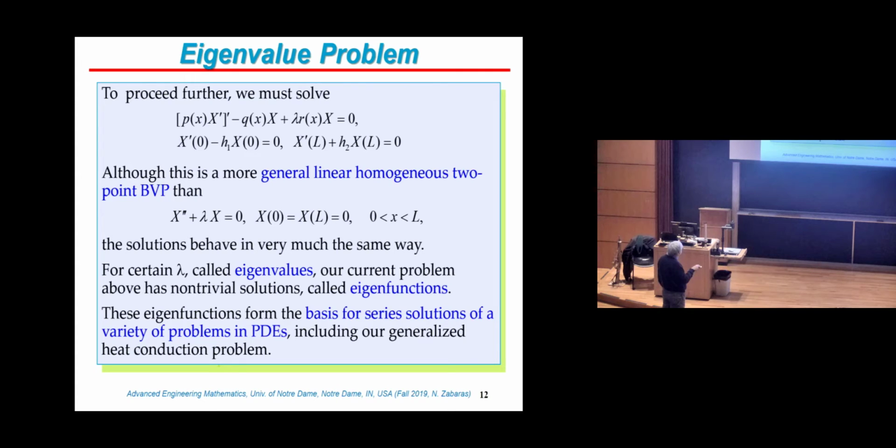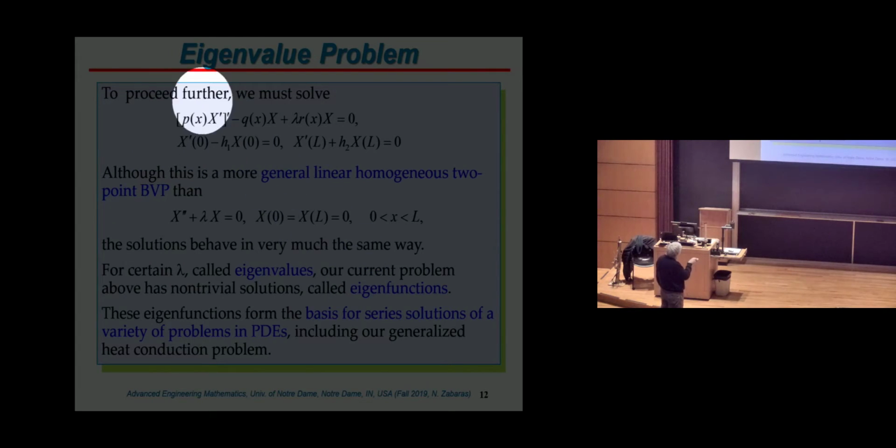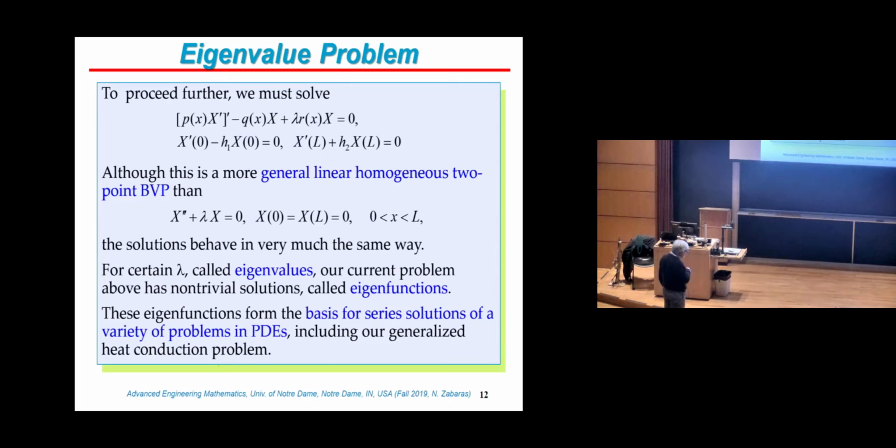But the idea here is, in a lot of PDEs, we're going to be getting these ordinary differential equations that have a set of eigenfunctions, and we will be able to write a solution to the original PDE problem as a linear combination of those eigenfunctions. And the set of eigenfunctions we will get will be infinite. All right?